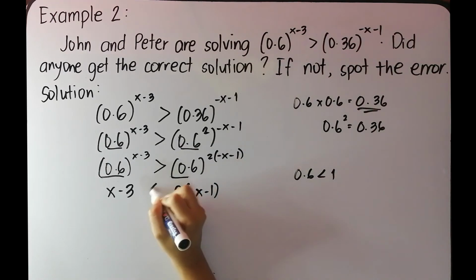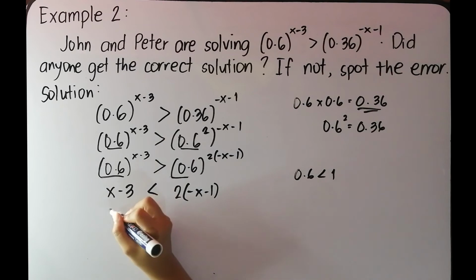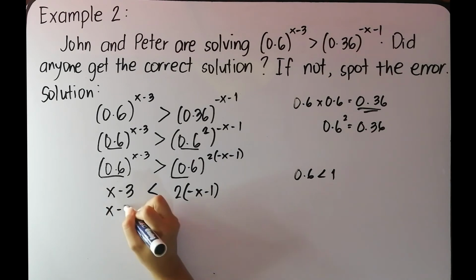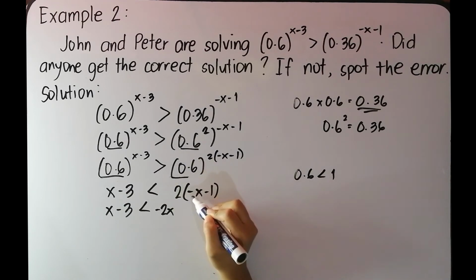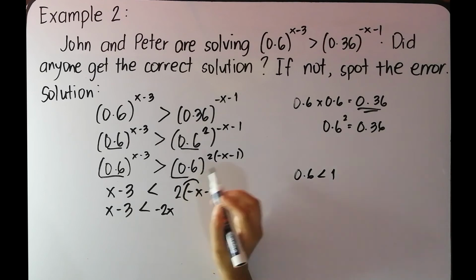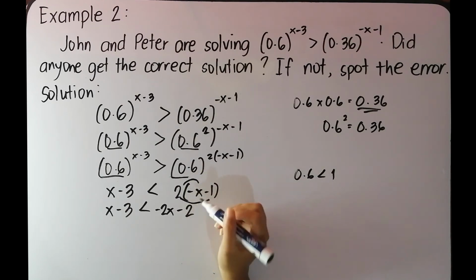So we have less than here. Simplifying our inequality, we have x minus 3 less than negative 2x minus 2, because 2 times negative x is negative 2x, and 2 times negative 1 is negative 2.